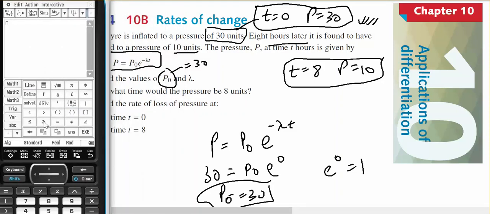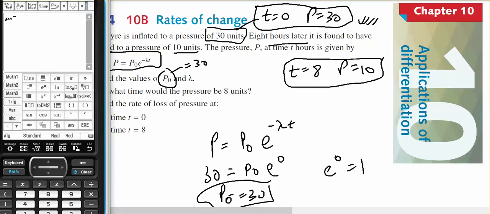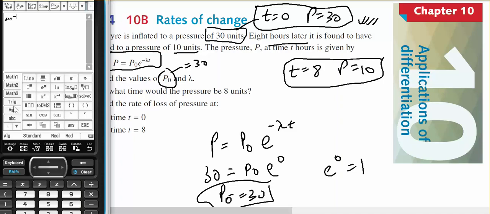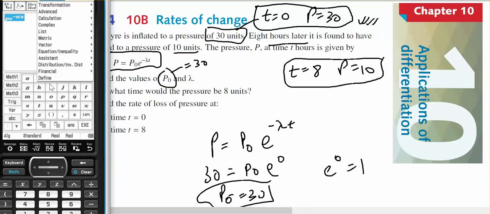So I'm going to have variables P equals P times e to negative, I might use A to indicate lambda and X to indicate T. And I'm going to define that.